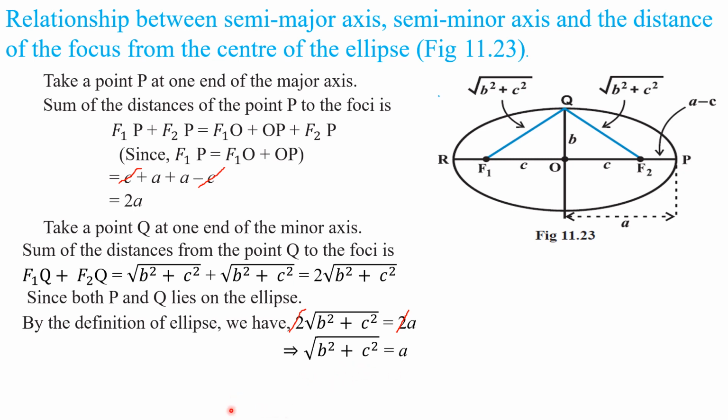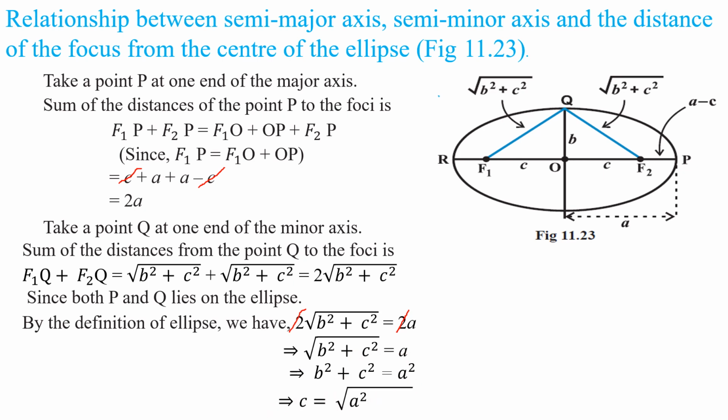This implies b square plus c square is equal to a square, by squaring on both sides. Understood this statement, children?